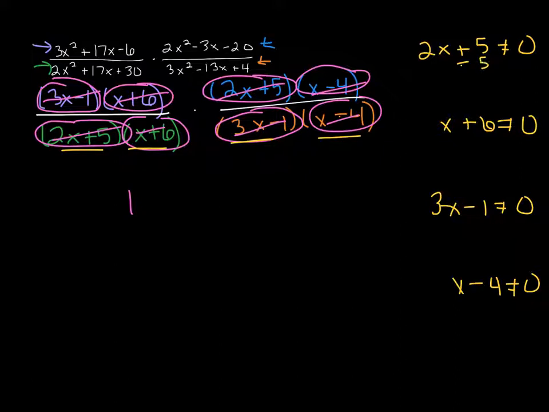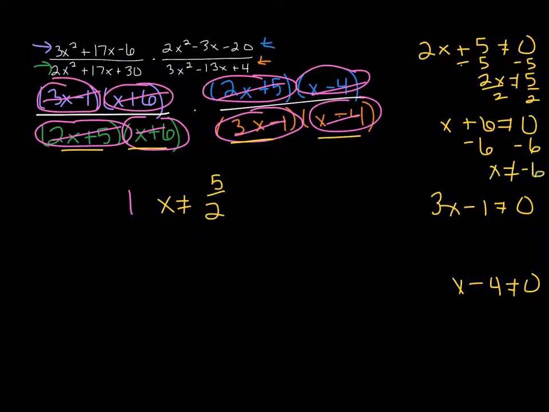So subtract 5. 2x cannot equal 5. And divide by 2. So x cannot equal 5 halves. Subtract 6. X cannot equal negative 6. Add 1. 3x cannot equal 1. Divide by 3.